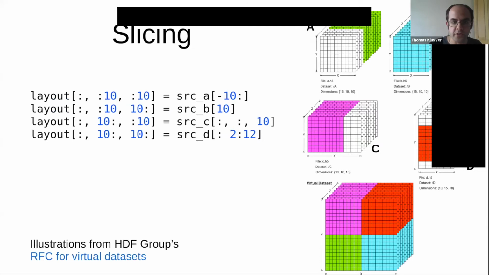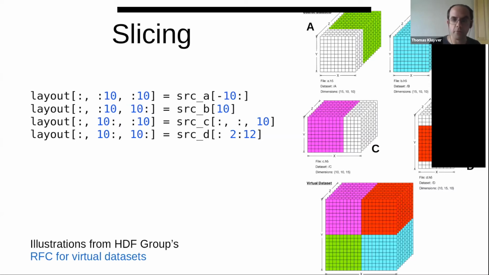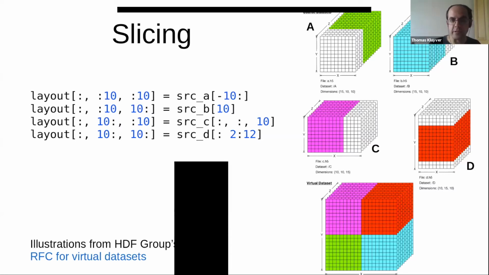Just a few examples to illustrate the multidimensional slicing. These diagrams are from the HDF5 group document, the RFC for virtual datasets. So we're slicing these 3D arrays in different ways and assembling them into different pieces of the virtual dataset.